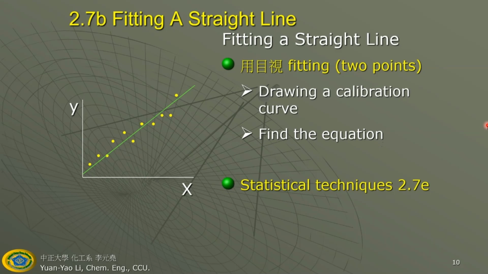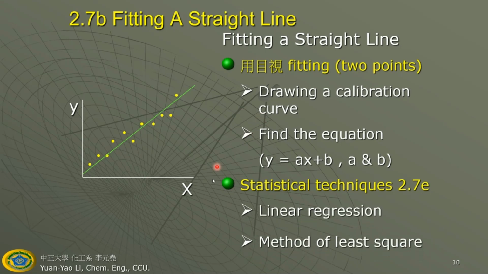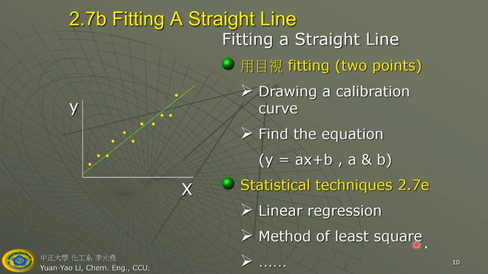And then you find the equation, right? If you find those 2 points, you get the equation, and you can get y equals a times x plus b. However, there are many statistical techniques: linear regression, the method of least squares.